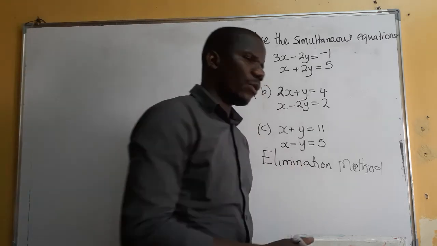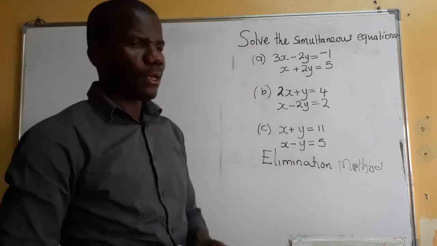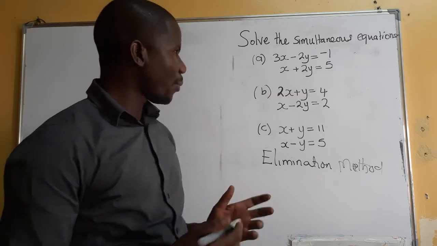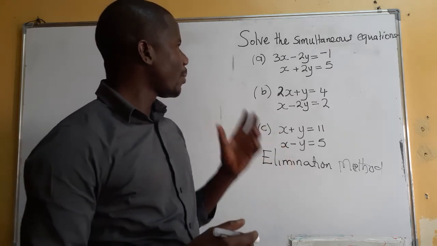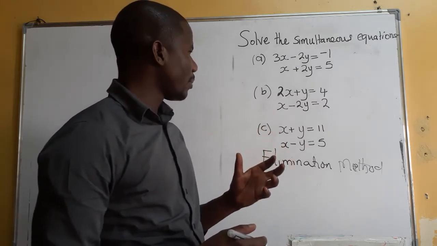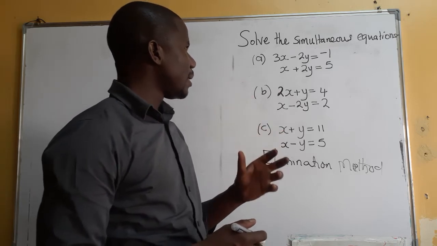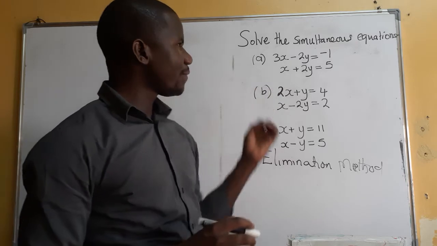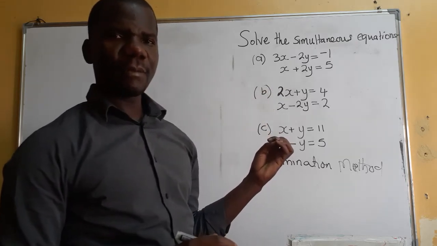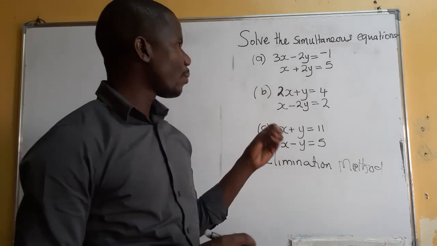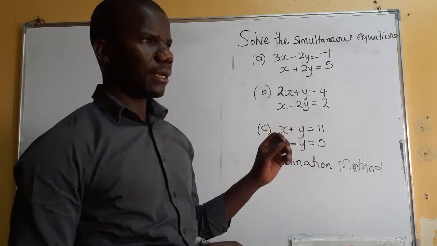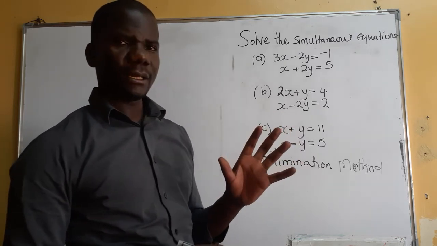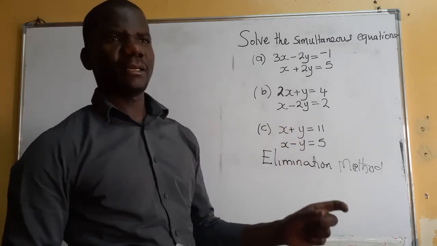Now, let's start with the elimination method. How do we eliminate? We can only eliminate if one of the variables has the same coefficient, irrespective of the sign.